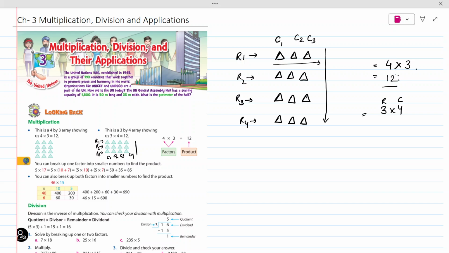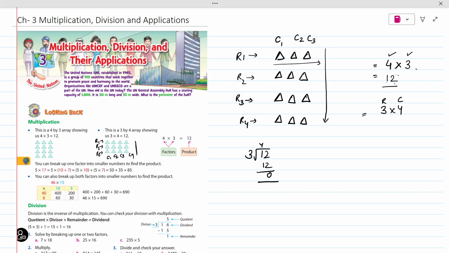Now this 4 and this 3 are called the factors of 12. It is also written here that 3 and 4 are the factors of 12. What are factors? Factors are the numbers which divide another number completely. If you divide 12 by 3, 3 into 4 is 12, remainder is 0.